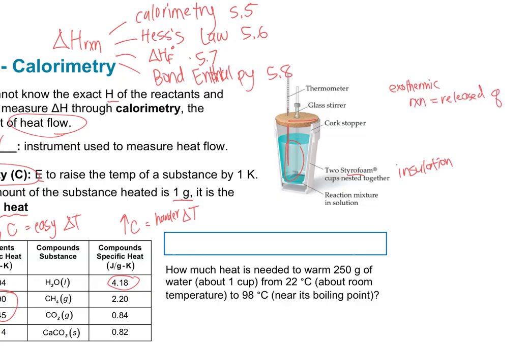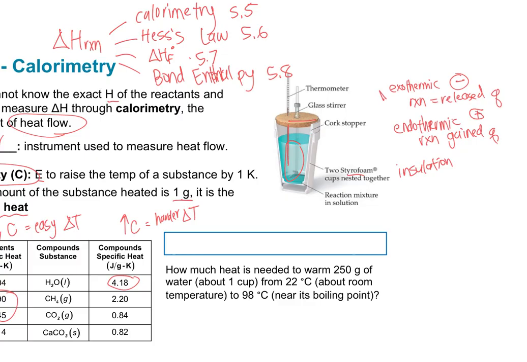So it released some heat, meaning that it would have a negative value for the heat. When I have an endothermic process, then our reaction gained heat, meaning we have a positive value for the heat. So that's what's happening with the reaction. But what we measure with the thermometer is the solution.